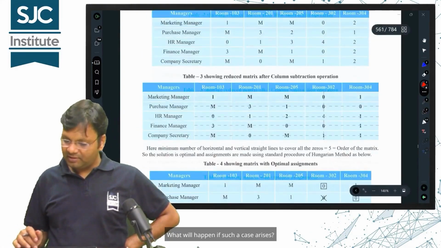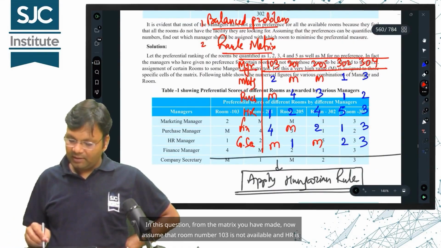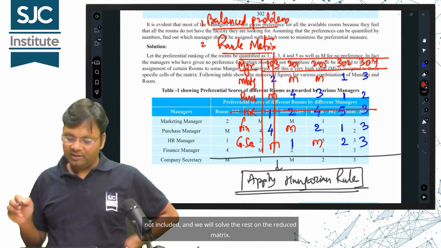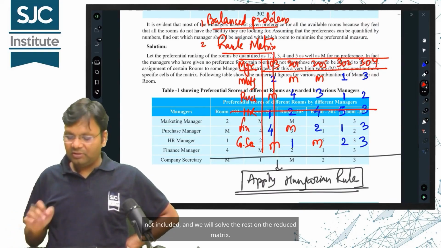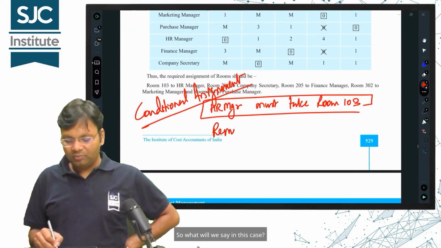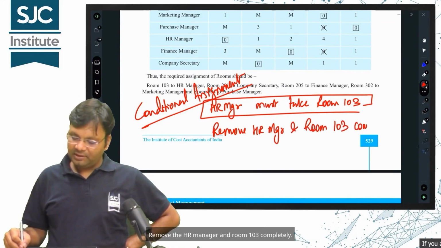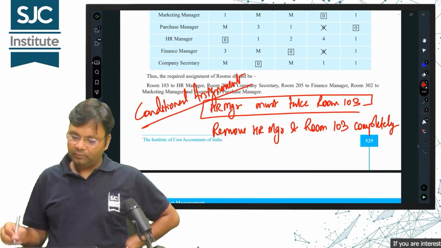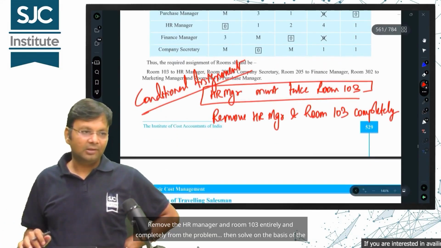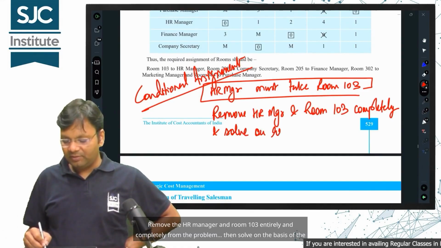What will happen if such a case arises? In this question, from the matrix you have made, now assume that room number 103 is not available and HR is not included, and we will solve the rest on the reduced matrix. Understood? So what will we say in this case? Remove the HR manager and room 103 entirely and completely from the problem.